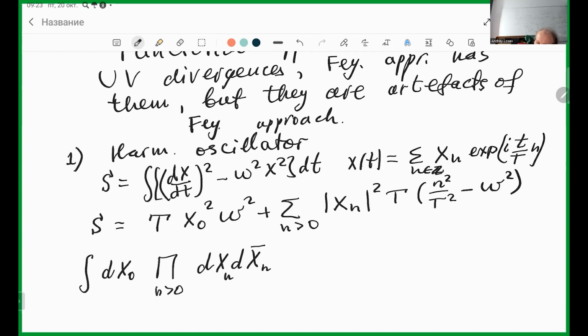And here, this is the measure. So this measure could be multiplied by some mu of t that we don't know a priori.